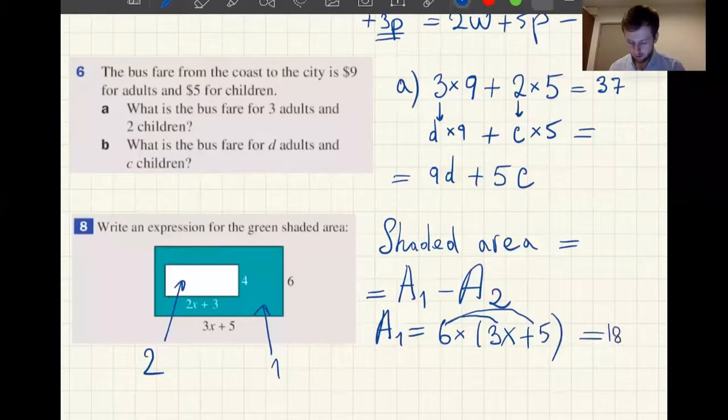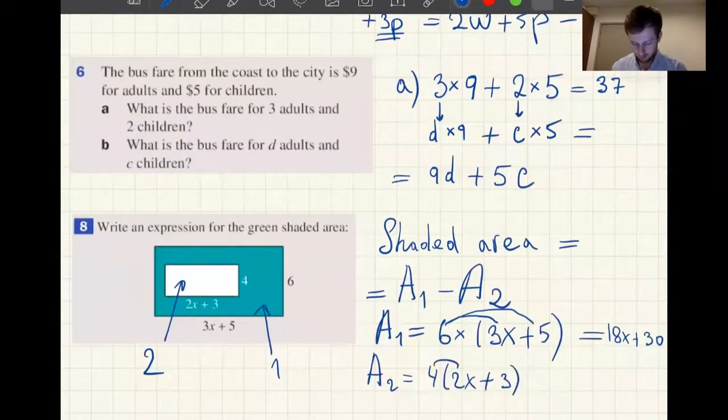So 18x plus 30, right? And then we find area 2. Area 2 is equal to 4 times (2x plus 3). So we do 4 times 2x, and then 4 times 3, which is 8x plus 12. So we found both of them. Area 1 is 18x plus 30.